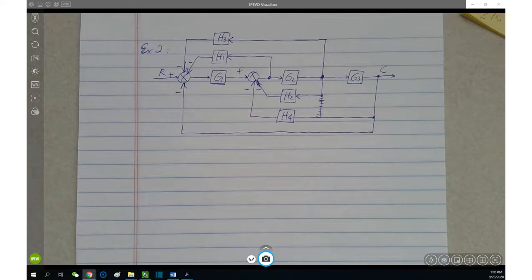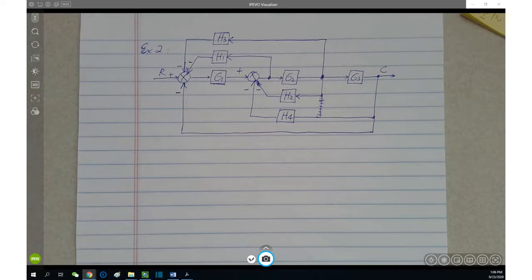All right, take a look at this Example 2. First of all, what do we do? First step, what do we do? Never forget, at the beginning, always try to find any available basic ones. What do I mean by basic ones? Cascade, parallel, or feedback, right?